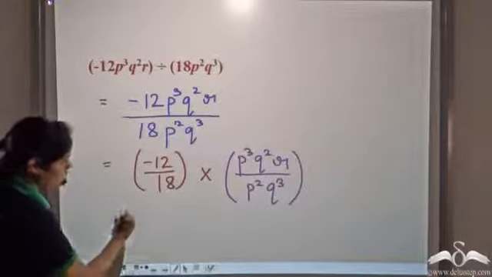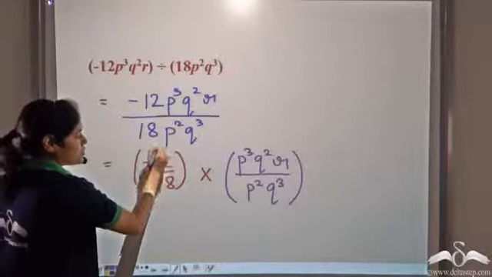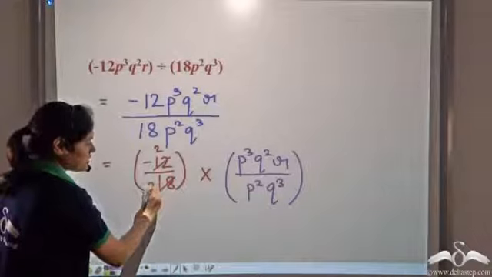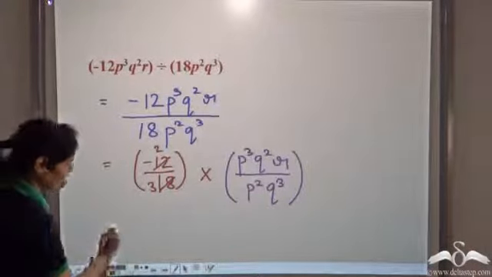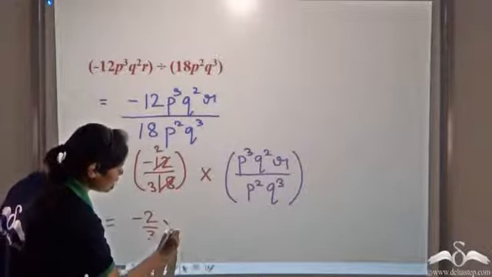So negative 12 divided by 18, 6 2s are 12, 6 3s are 18. So we get negative 2 by 3 into.